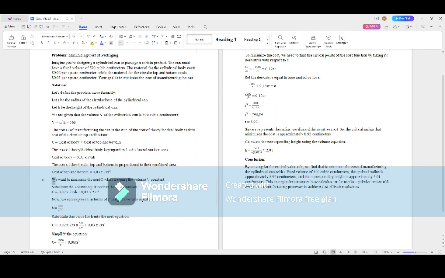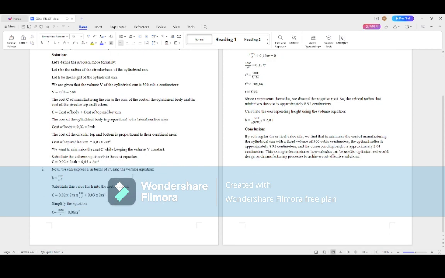So if we want to minimize the cost C while keeping the volume constant, we have the equation here. Now we can express h in terms of r using the volume equation.